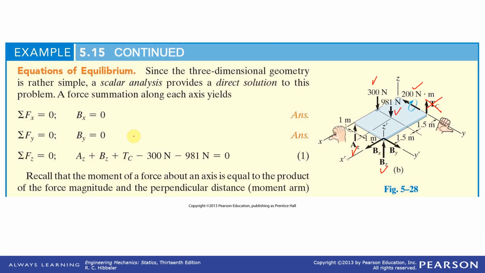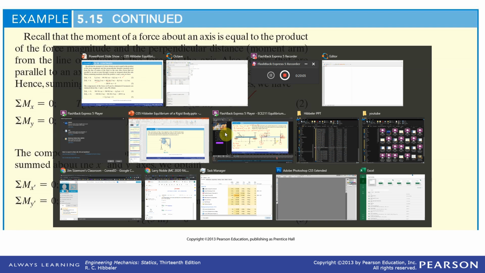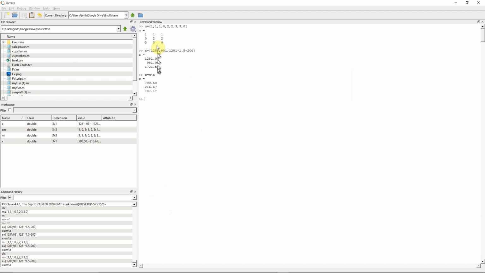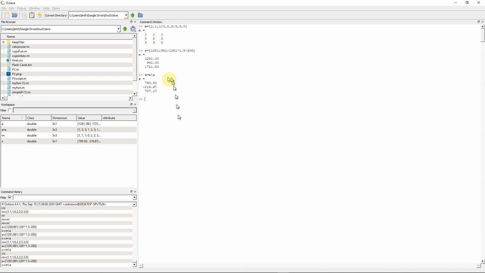Coefficient of BZ, 1 in this equation, 2 and 3. Coefficient of TC, 1, 2, 0. So that's my matrix.